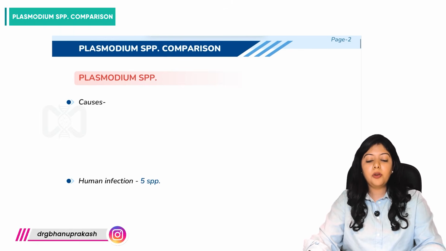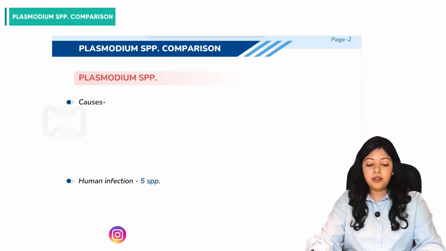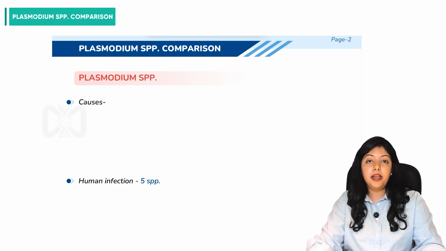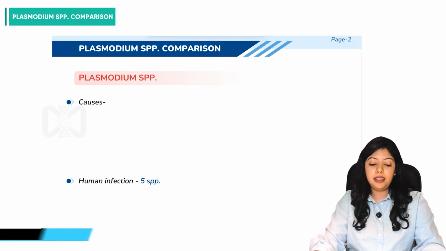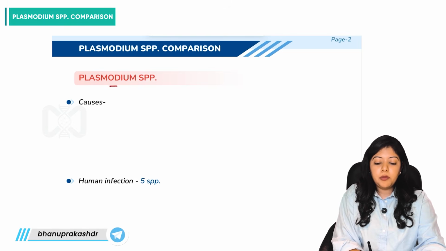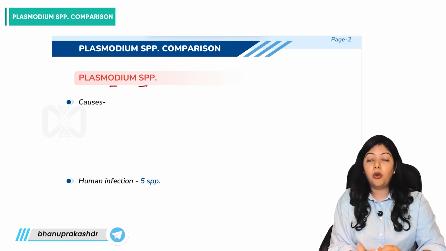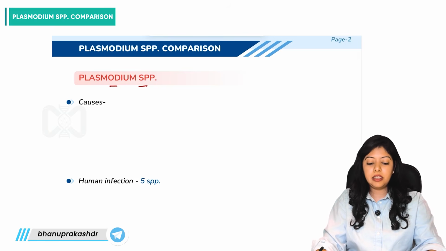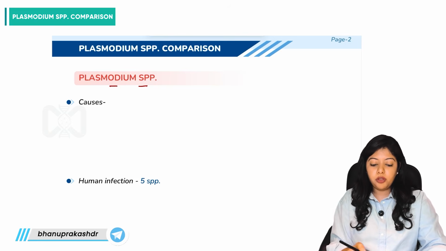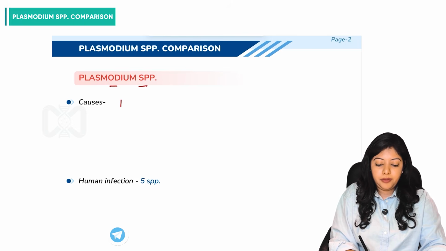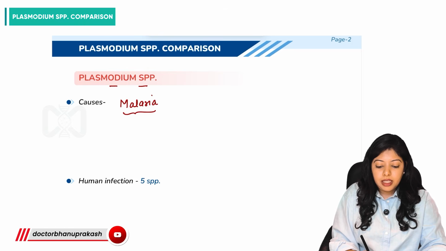Now, when we talk about Plasmodium, firstly, we must be well aware of what disease it is causing. It is responsible for malaria, which means bad air, mal air.